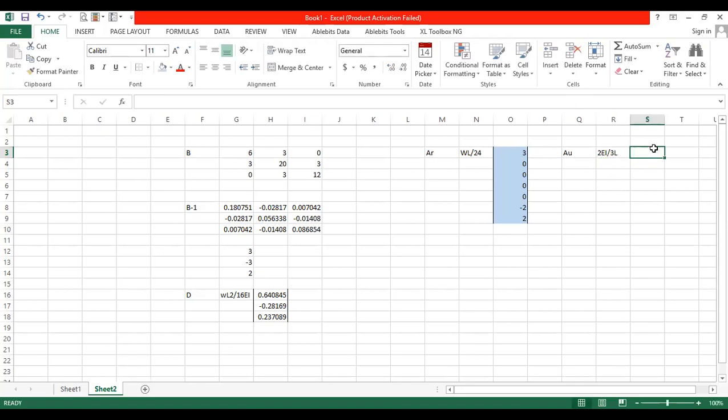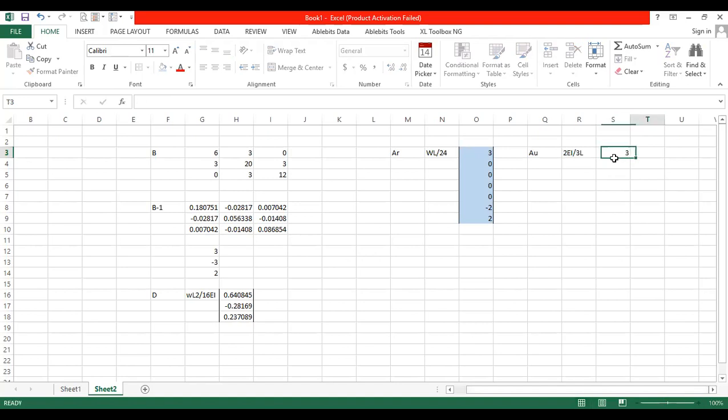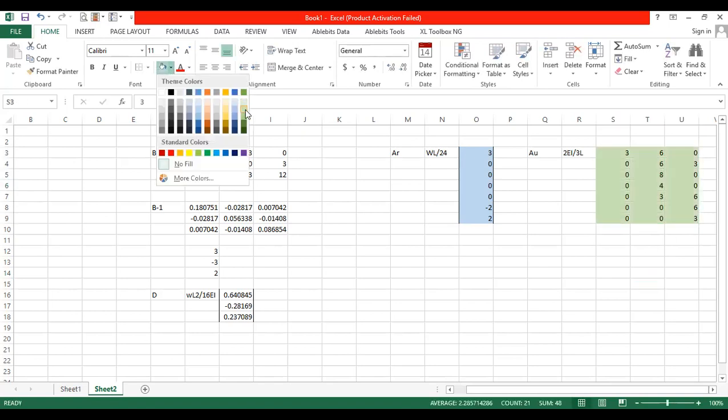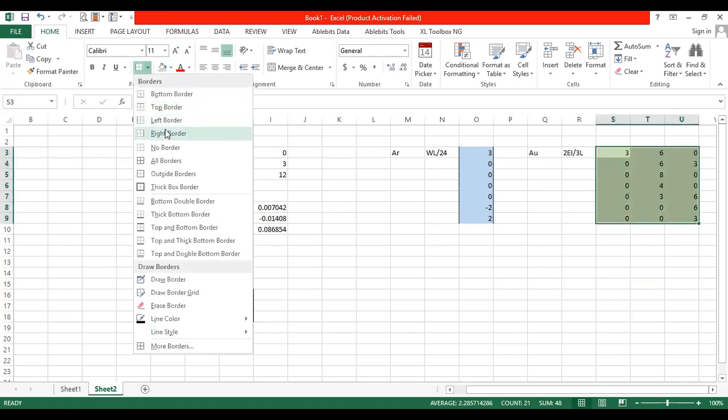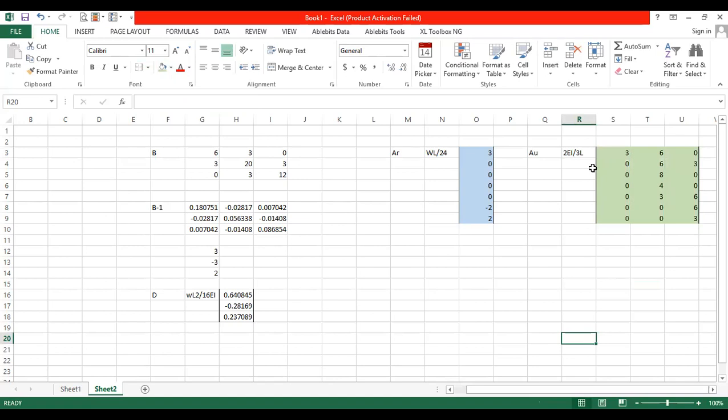So the remaining would be 3, 6, 0, 0, 0, 0, 0, 0, 0. Here 6, 8, 4, 3, 0, 0. 3, 6, 6, 0, 0, 3. So this is my action matrix.